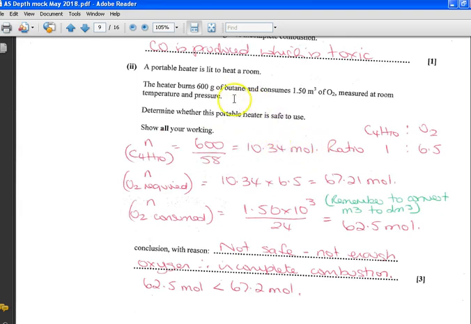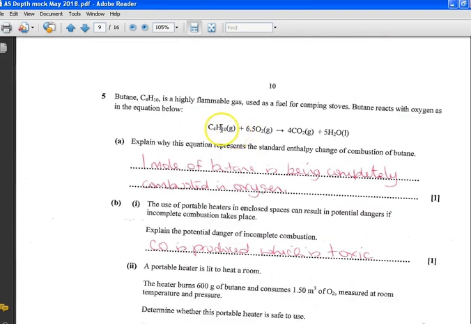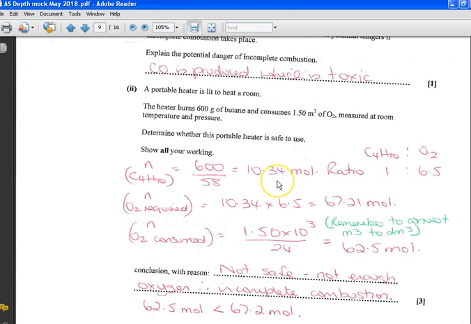If we look at the equation, our ratio is 1 to 6.5, so we need at least 6.5 times as many moles of oxygen to completely combust our butane. So number of moles required, 67.21 moles. So then if you work out how many moles that is, 1.5.